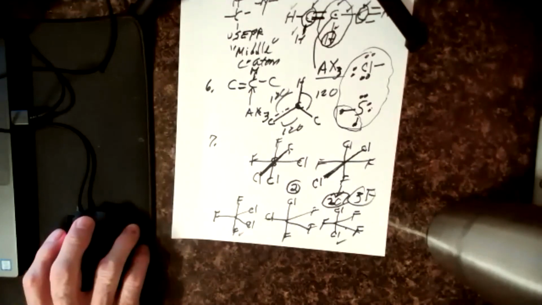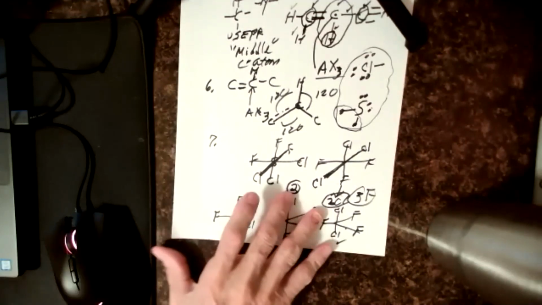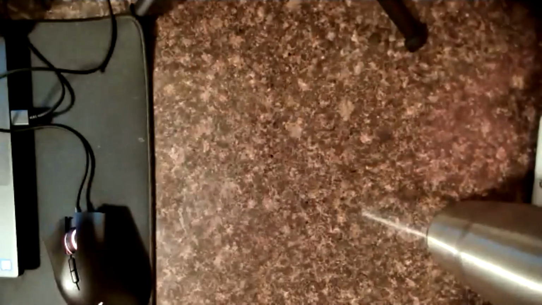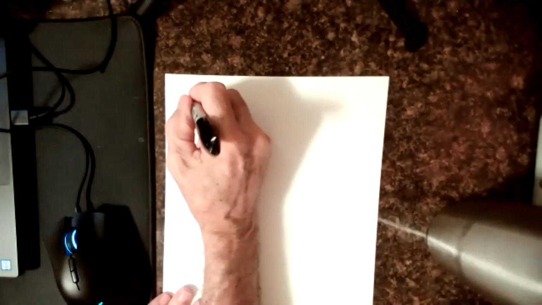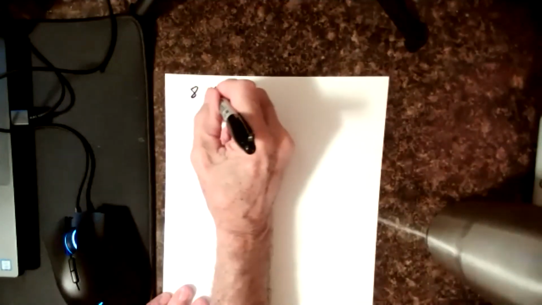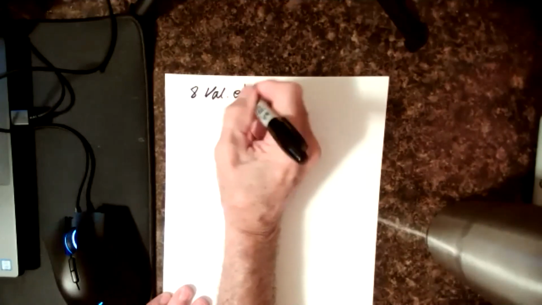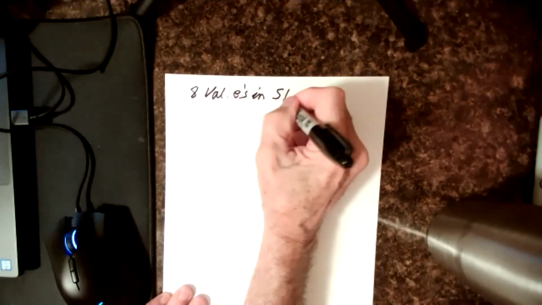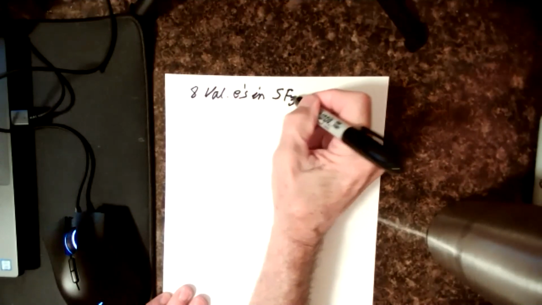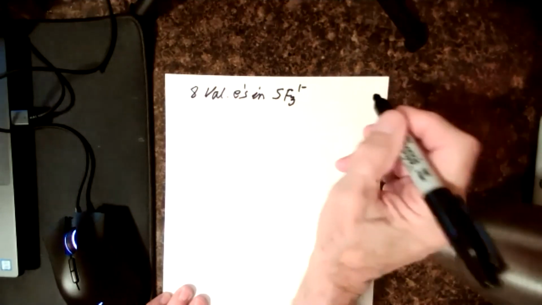Okay. Now, the next one is a real easy problem. This is intended to raise the average, but it tests the concept. You have to be able to get numbers of valence electrons, and we want to know the valence electrons in SF3 1 minus.